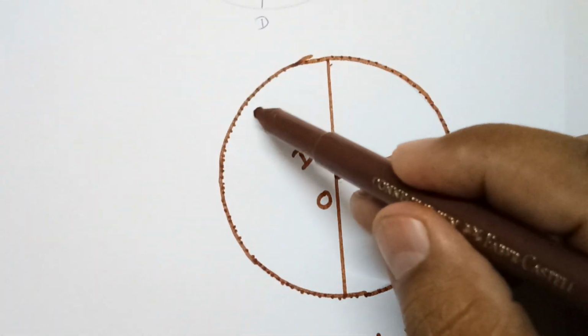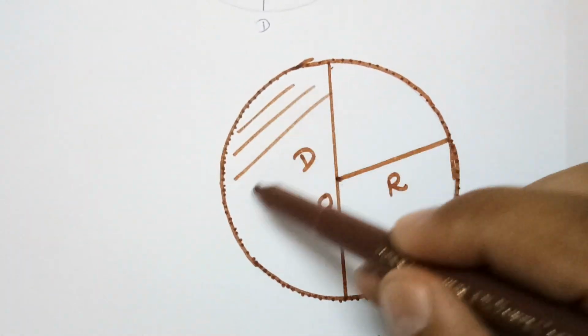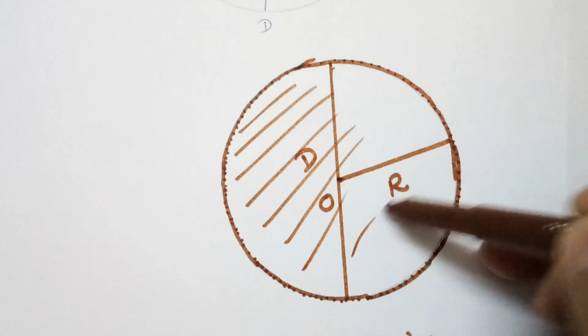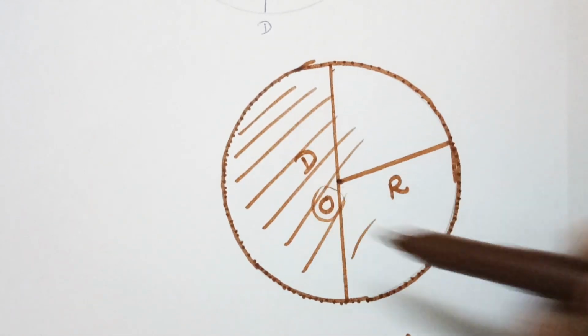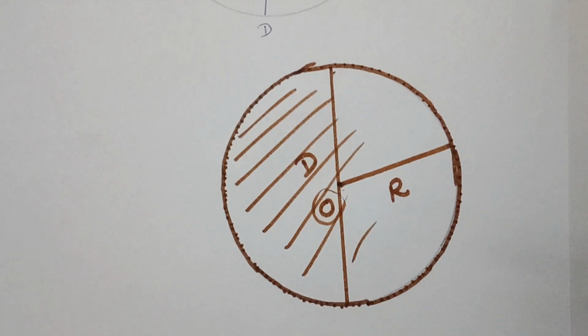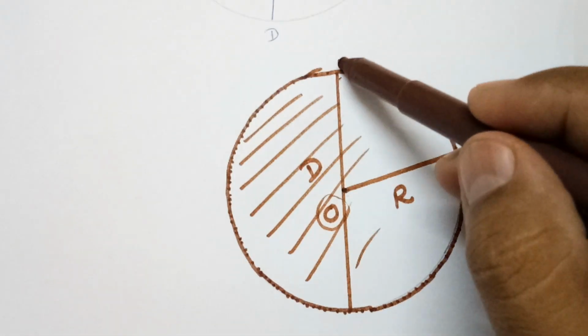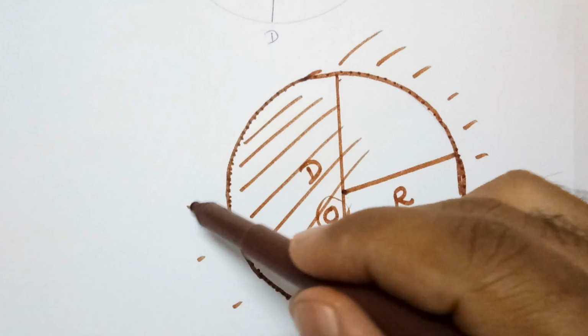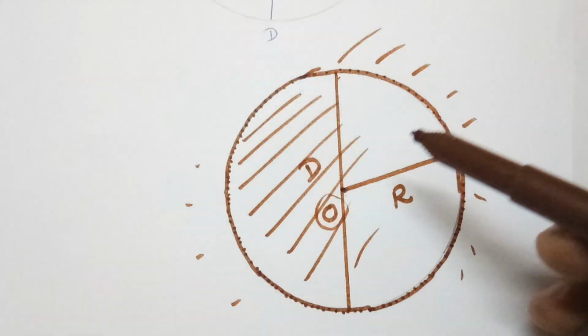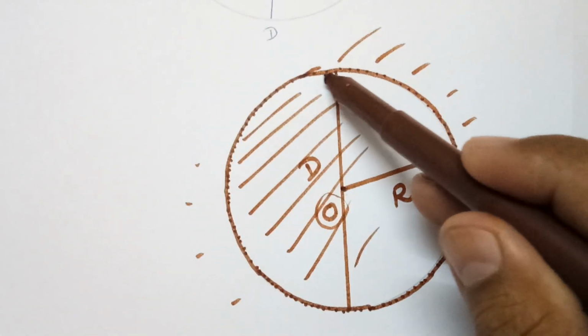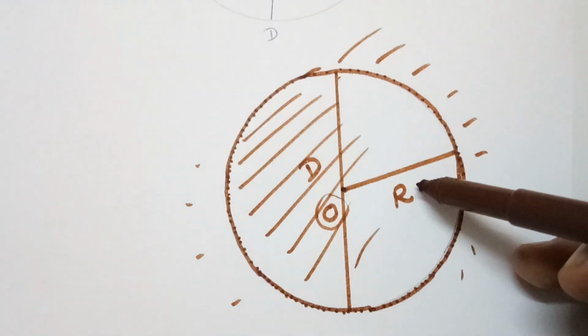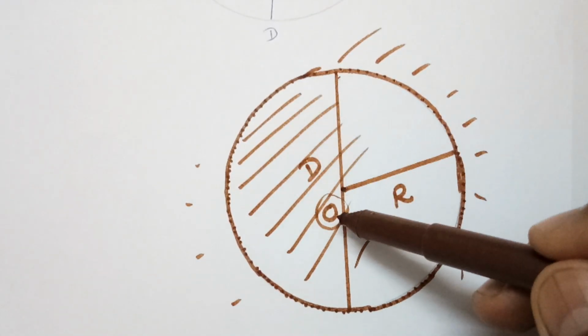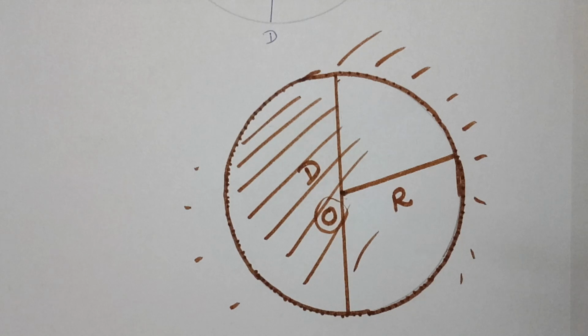Interior means the portion which is inside the circle, as the center of the circle is in the interior of the circle. Exterior means outside the circle. This is called the exterior part of the circle. Circular region is the portion which involves the circle and interior. Circle plus interior is called circular region.